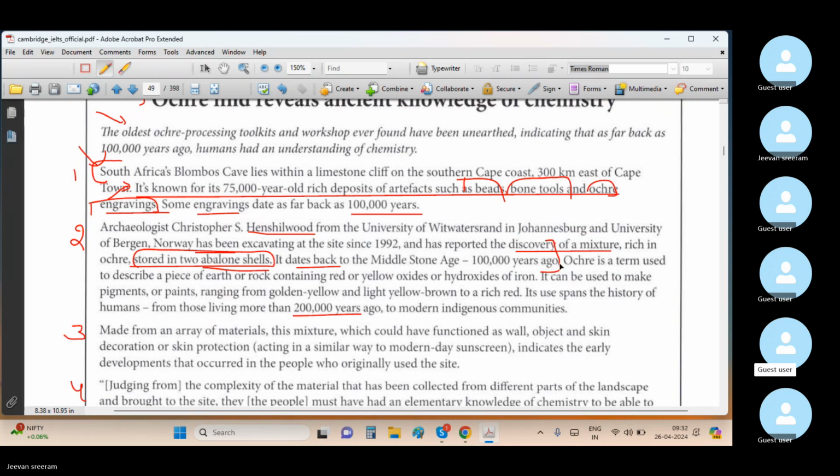Sir, for the fifth question, decoration and skin protection, they use it for the material of modern days. Please observe. Who is making use of ochre nowadays, right? Modern gives you the meaning of nowadays, right? So nowadays, who is using it?